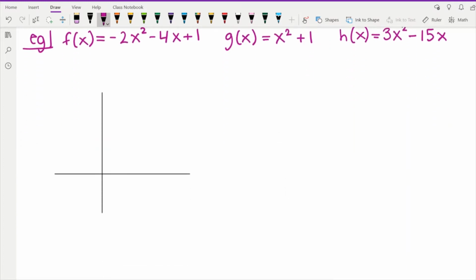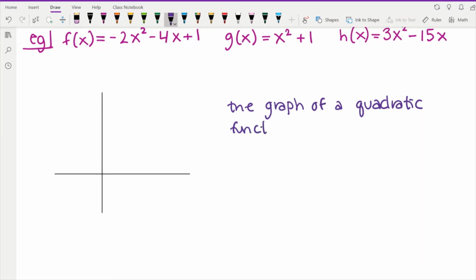Okay, so what does the graph of a quadratic function look like? Well, it's what's called a parabola. So the graph of a quadratic function is called a parabola.